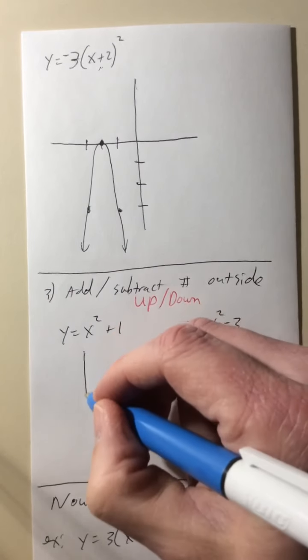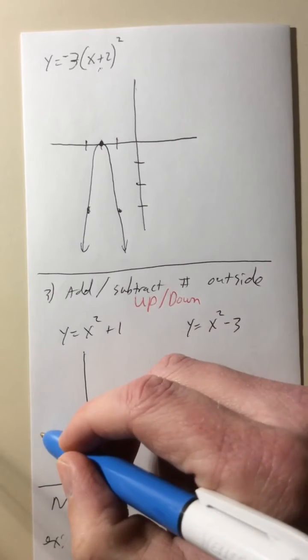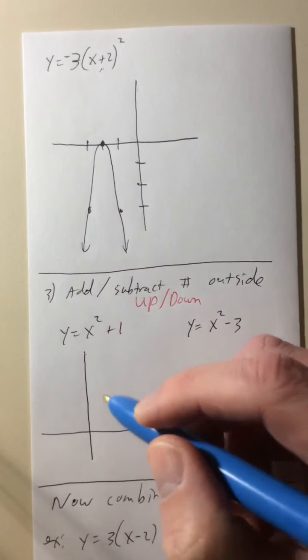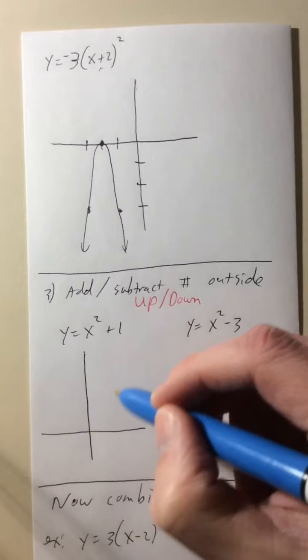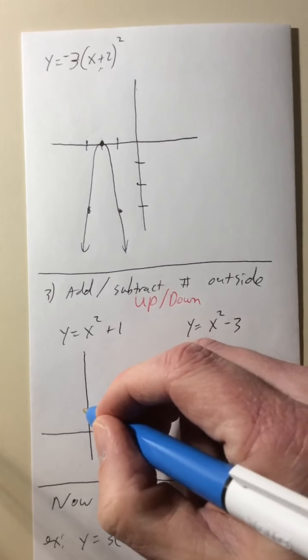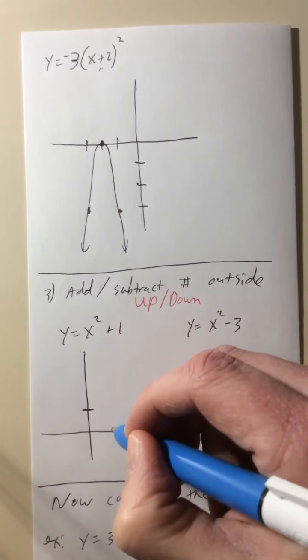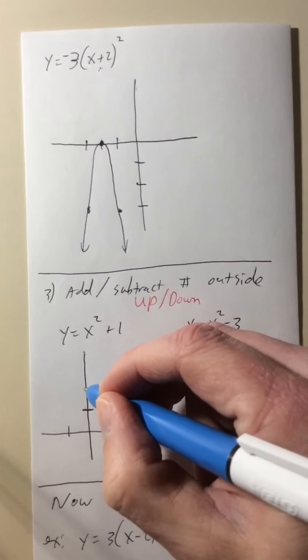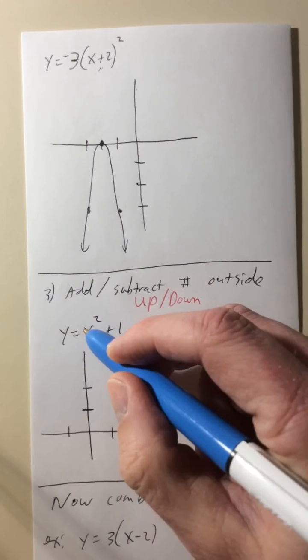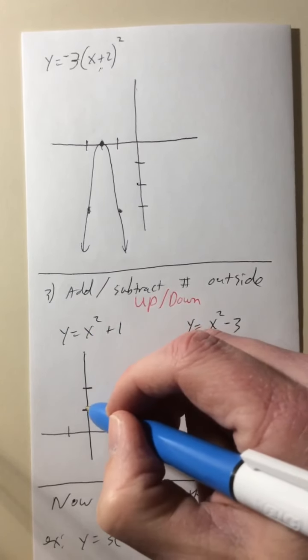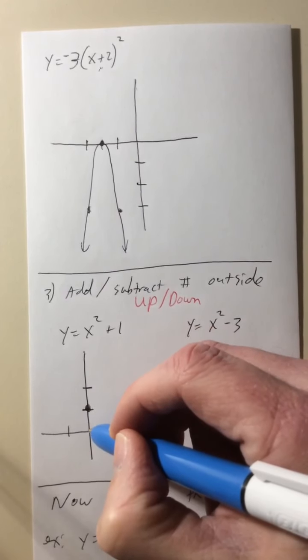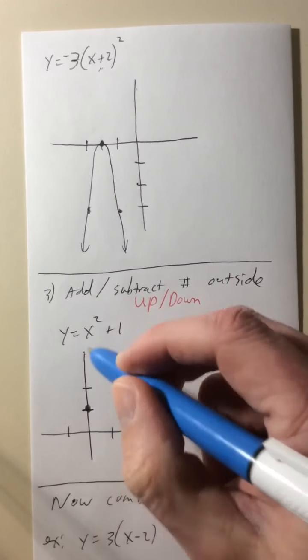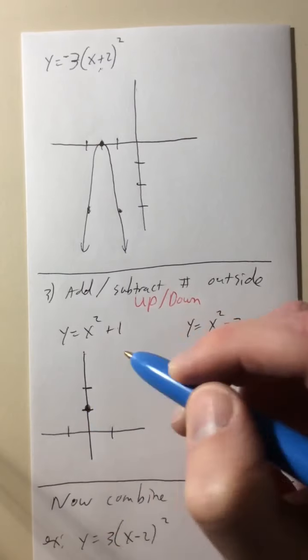So again, our ordinary parabola, our very original parabola, is right here, but we're going to go up 1. And as always, we need to think about the slope, and the number in front of x squared is 1. So our new vertex is 1 up from where it usually is. Usually it's 0, 0. We went up 1, so we go up 1 there.